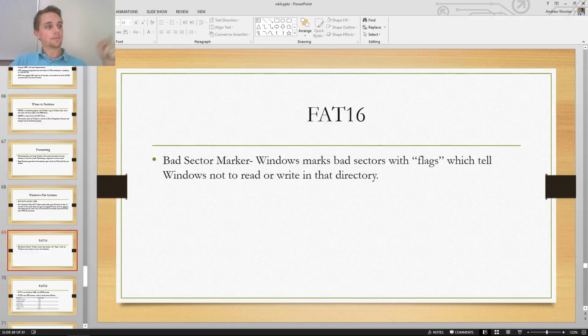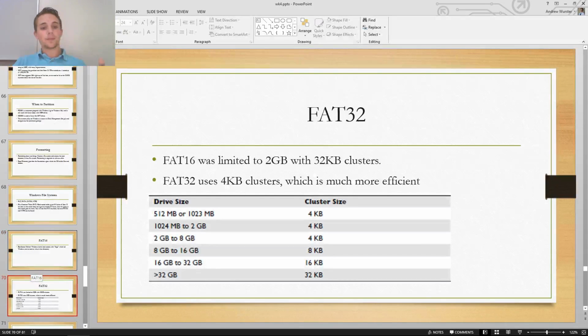Now FAT32 is not the most current USB formatting used, however it is the most common. FAT16 was limited to 2 gigs with 32 kilobyte clusters, and FAT32 uses 4 kilobyte clusters, which allow you to use the space much more efficiently, and you don't have these open gaps all over the place.